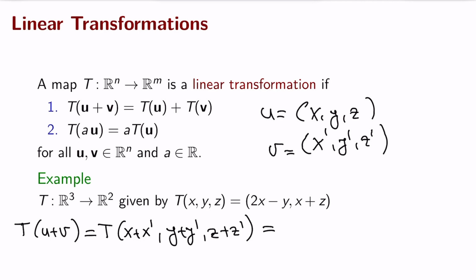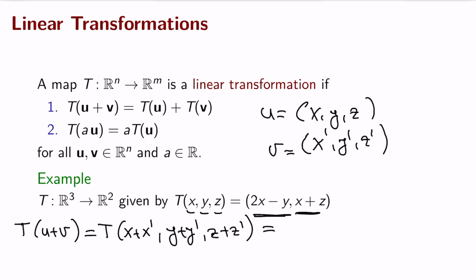And now we have to apply the transformation to this vector in R3. The transformation means this, right, that we can read as: to any x, y, and z, what does it do? Well, the first component is 2 times x minus y. I mean, 2 times the first one minus the second one.